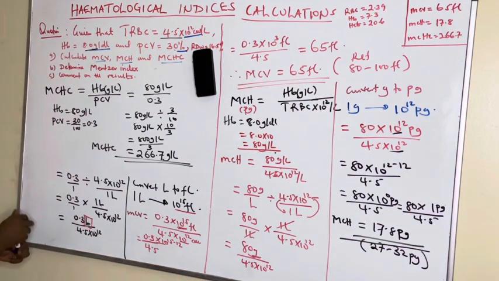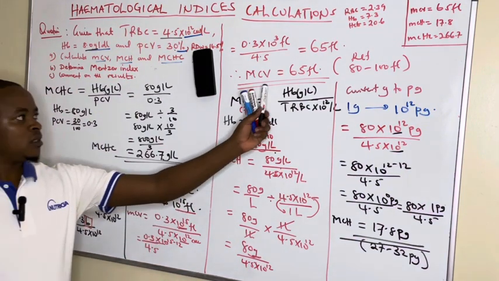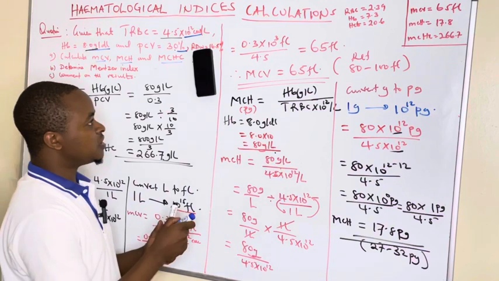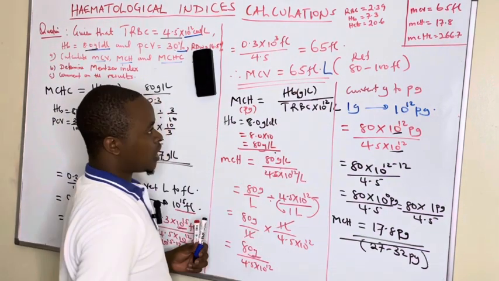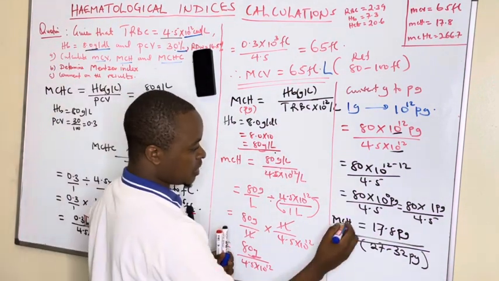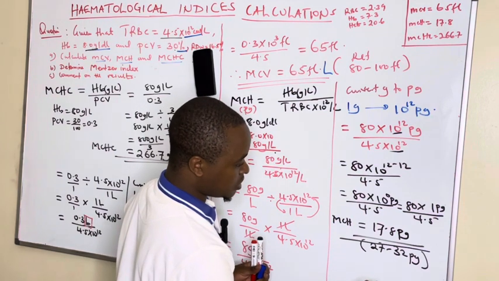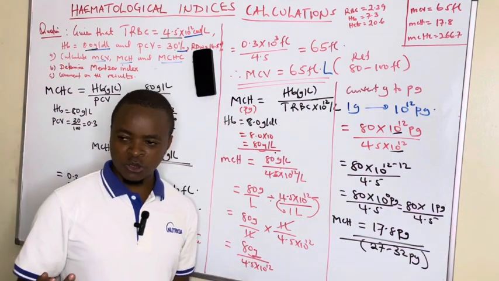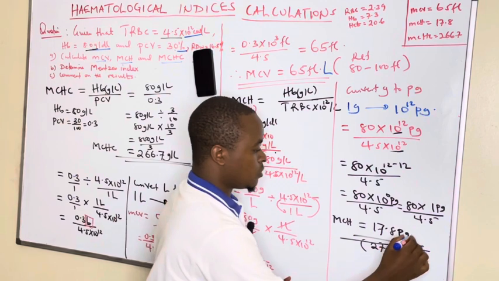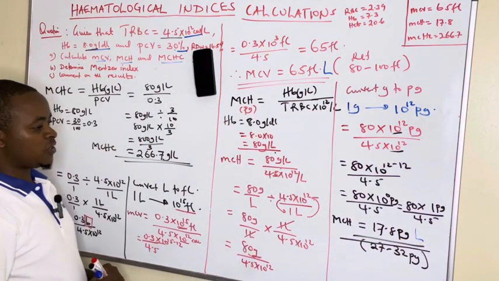So after we have got both MCV, which is low, according to reference ranges, we are seeing MCH, that is mean cell hemoglobin, which is the amount of HB in a single red cell, is also low according to the reference ranges.